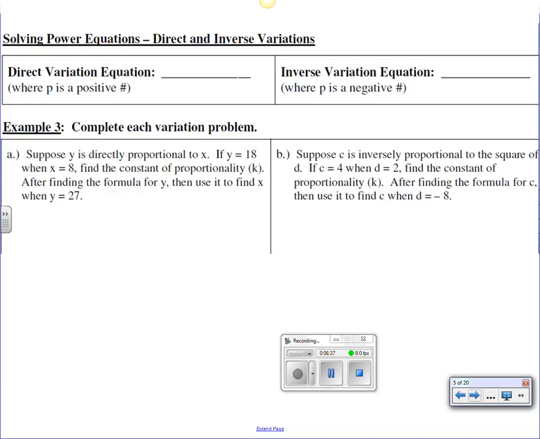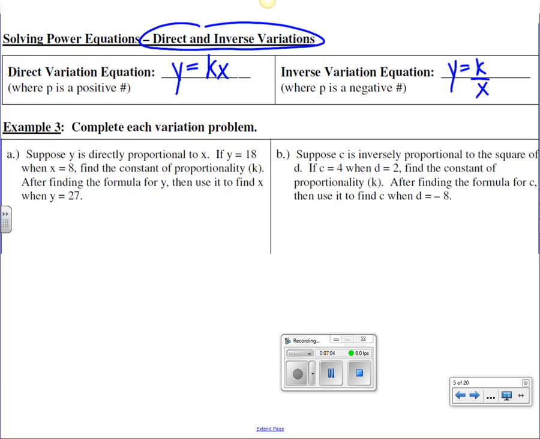Okay, we're skipping the next part of your notes, and we're going to the part that says direct and inverse variation. So the direct variation equation is y equals kx, and the inverse variation equation is y equals k over x.